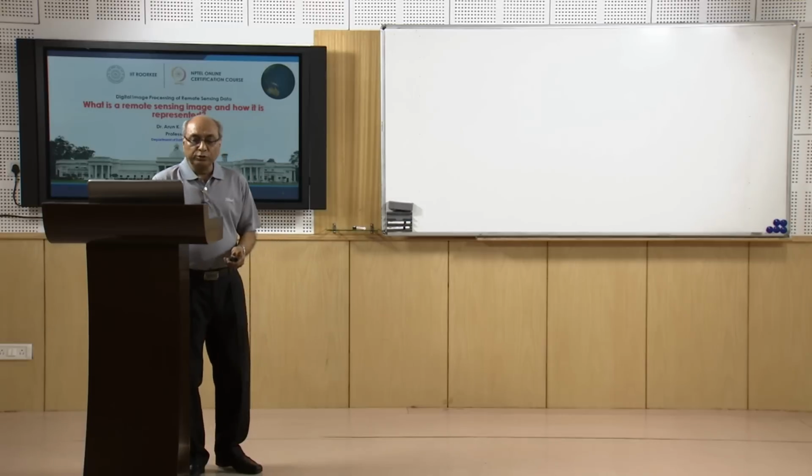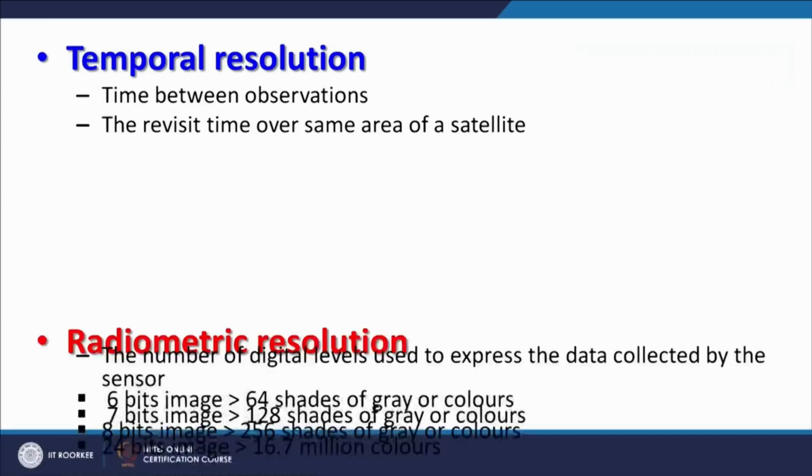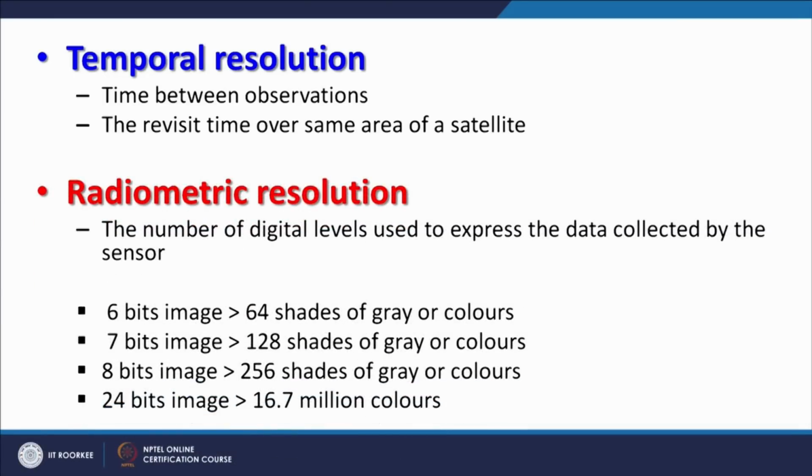Now temporal resolution, which we have already discussed, is the time between observations, the revisit time over an area. Last in this series of resolutions is radiometric resolution, the number of digital levels used to express the data collected by the sensor. So 6 bit means 64, 7 bits means 128, 8 bits 256, that is 2 power 8, 2 power 7, 2 power 6, likewise.